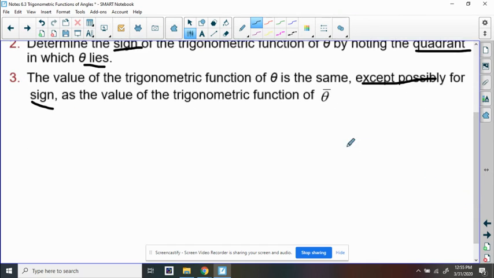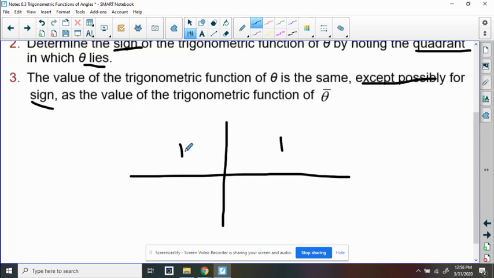Now, some things that you should probably be familiar with, and it really would be helpful if you would be able to know that right away. If you have the quadrants, this is quadrant 1, this is 2, this is 3, and this is 4. We start with 0 degrees or 0 radians.